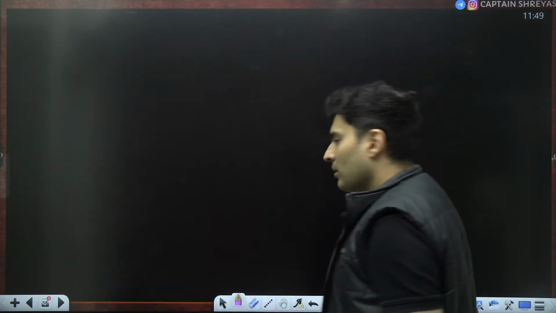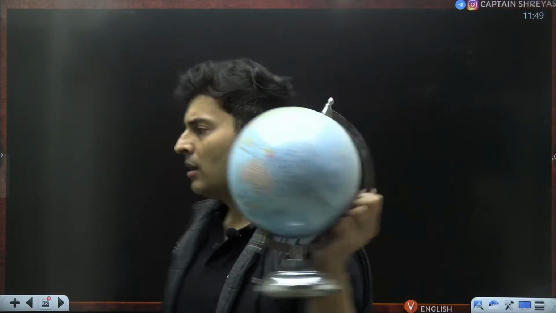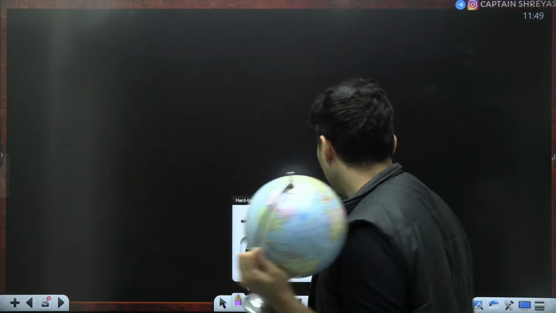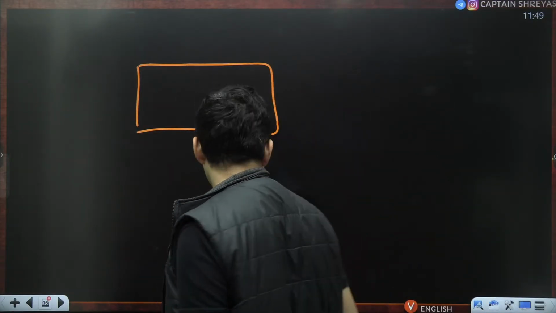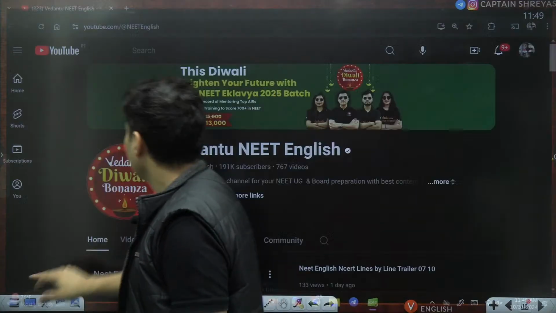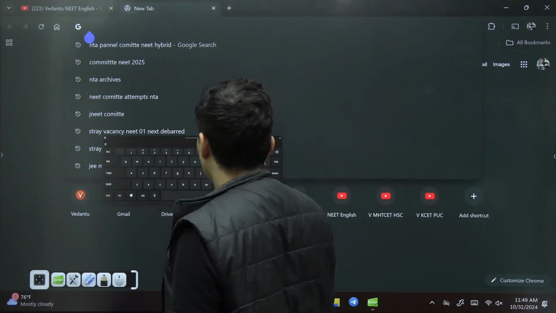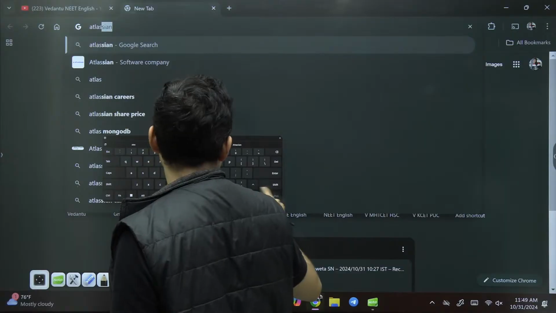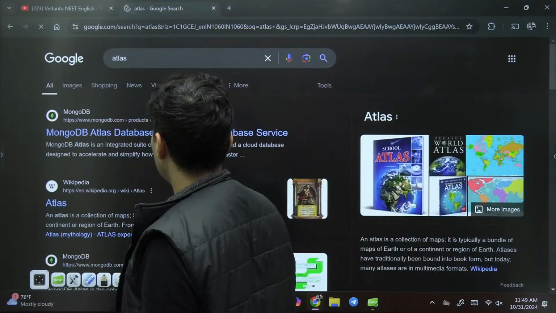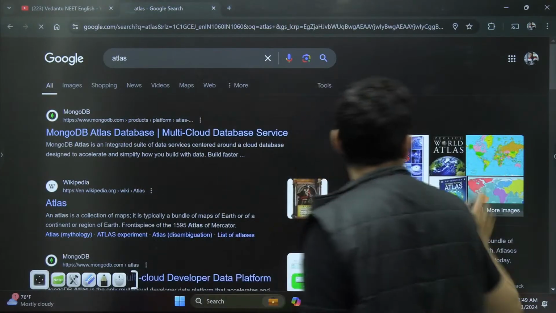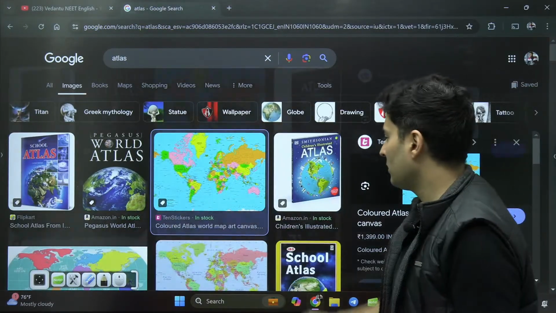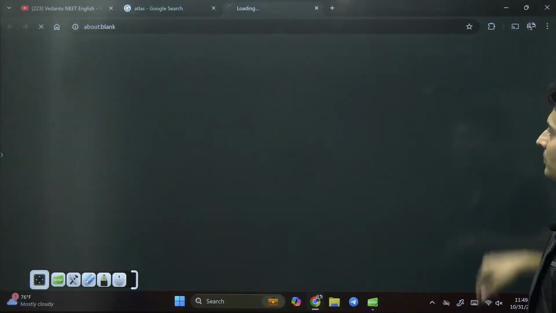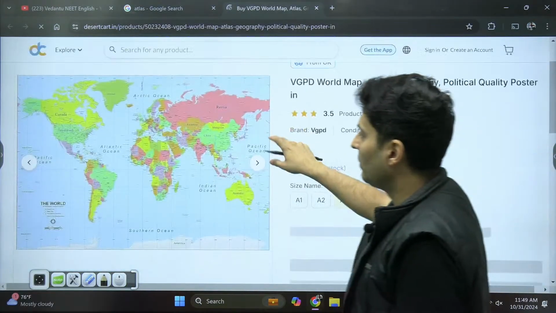But when you have to show any place, any country, any continent, any city, or just the globe itself in the atlas, how does it look like? It is shown like this in the map view, right? If I open the atlas, this is how it looks like.